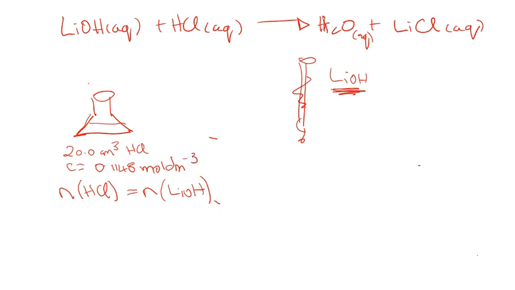Essentially what's happening is as we drip the lithium hydroxide into this flask, it's going to neutralize. And as soon as we hit the end point, we know that all the HCl that was in this flask is going to have reacted.